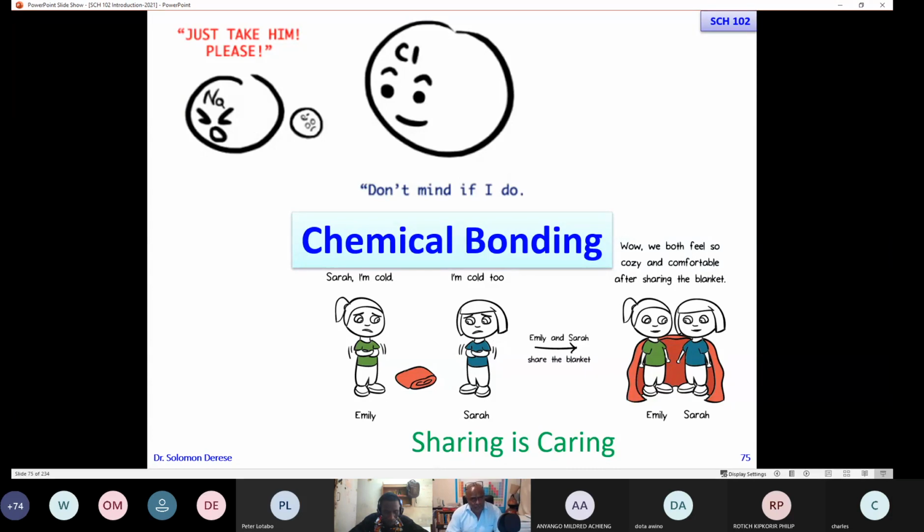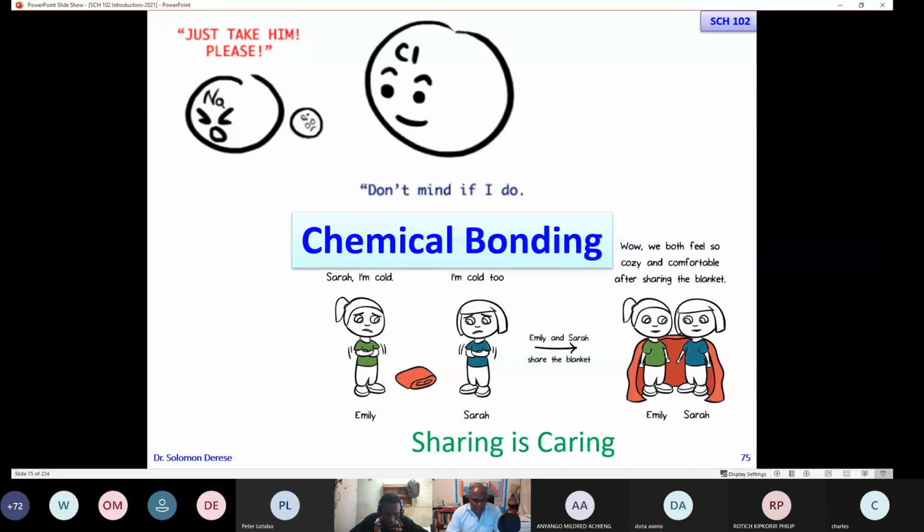So during chemical bonding, the content of the nucleus, the protons and the neutrons, and the core shell electrons, the inner shell electrons, are not going to be involved.